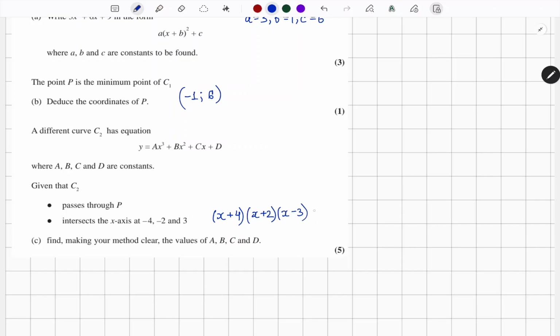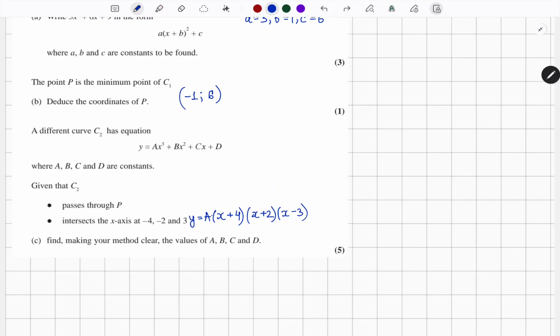But look, when you open the brackets, it will be x cubed, but it must be ax cubed at the end. So that's why y is equal to a times the product. This is a subtle moment you have to understand. The leading coefficient of the cubic function remains the same when the polynomial is written in the general form and in this factorized form.